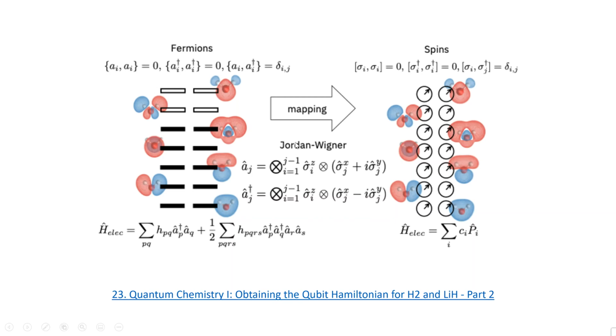There are many things you can do. The one shown here is Jordan-Wigner. For each annihilation operator, we would basically take this tensor product, I don't want to call it a summation, but a product over each term, and convert it like this.